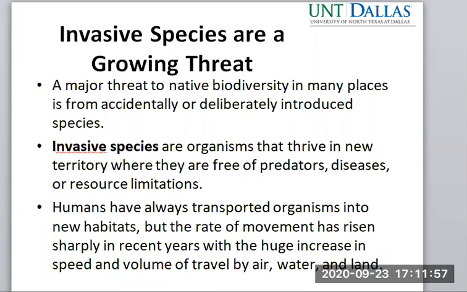Sometimes we introduce those invasive species into new habitats, thinking that we are being kind and compassionate without being aware of the ecological consequences. So these invasive species are organisms that thrive in new territories where they are free of predators, disease, or resource limitations.